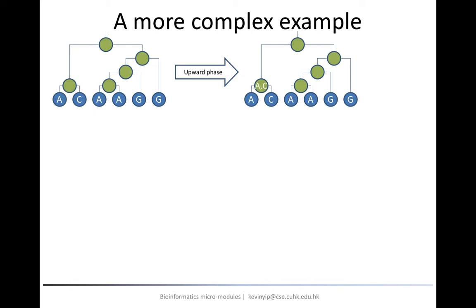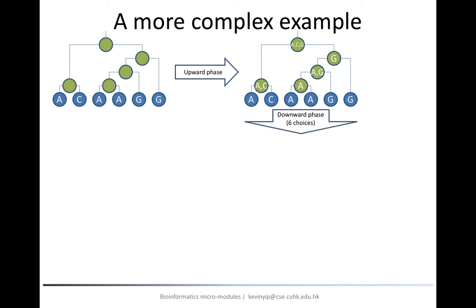For the parent of the leaf nodes having A and A, it has to choose A. Each parent then has to keep both A and G. The parent of it in turn has A and G on one side and G on the other side, and thus keeps the common nucleotide G as its preference. Finally, the root has A and C on one side and G on the other side, and therefore keeps all of them as its own preferences.